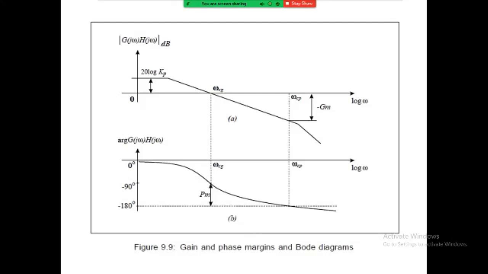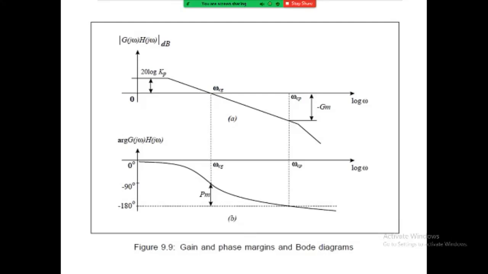The corresponding frequency diagrams are presented, and it can be concluded that a pure differentiator introduces a positive phase shift of 90 degrees and an amplification of 20 decibel per decade.